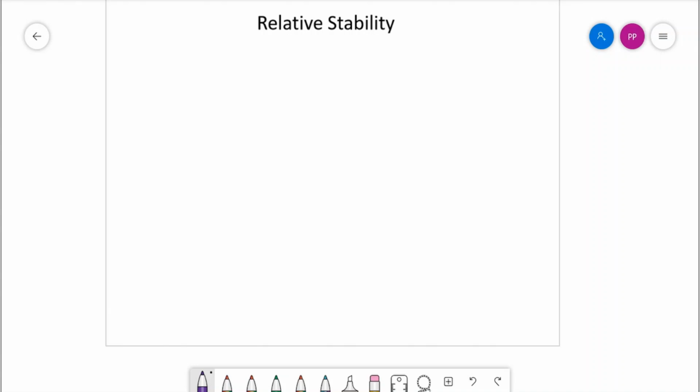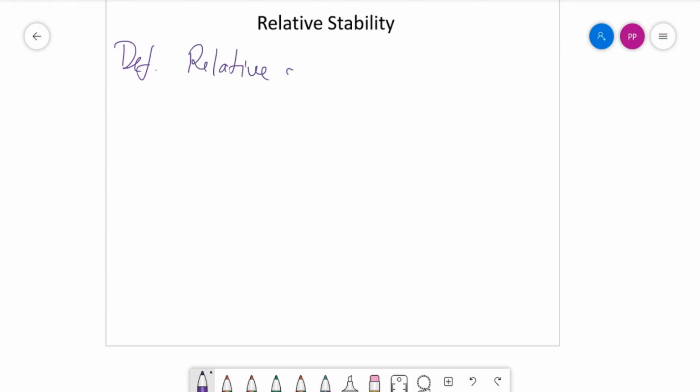So let us first write a definition. Definition of relative stability: relative stability of an LTI, linear time invariant system model.